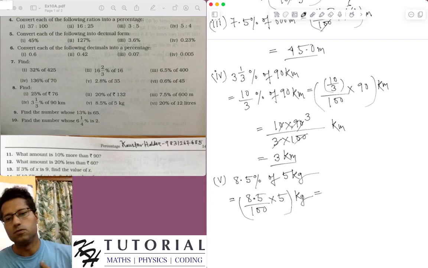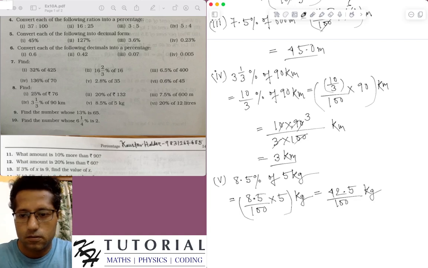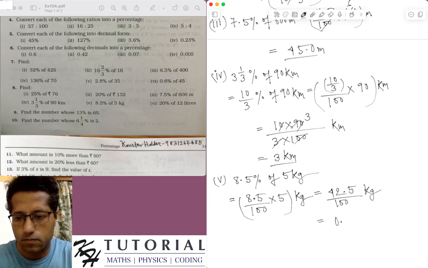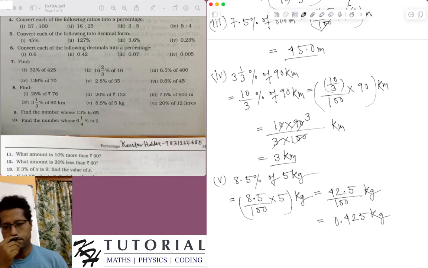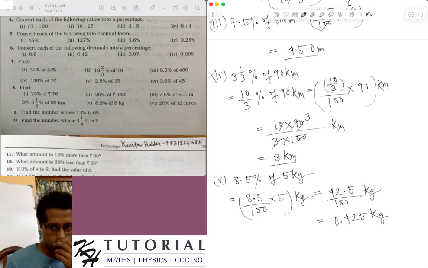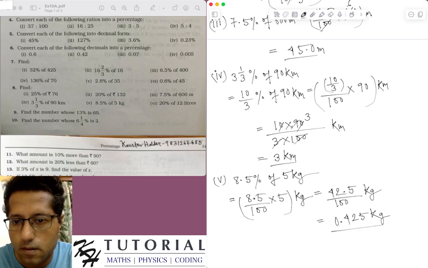Now 8.5 multiplied by 5 is 42.5. 42.5 divided by 100 kg. This is equal to 0.425 kg. Okay.